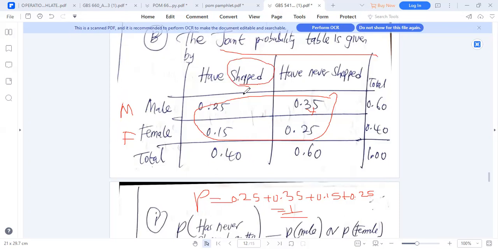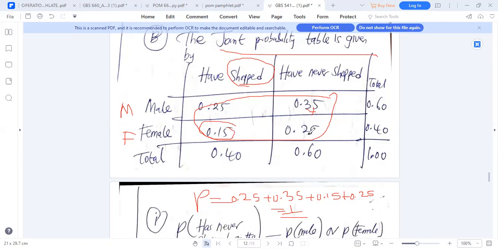The probability that he has shopped is 0.14, and the probability of female is 0.4.